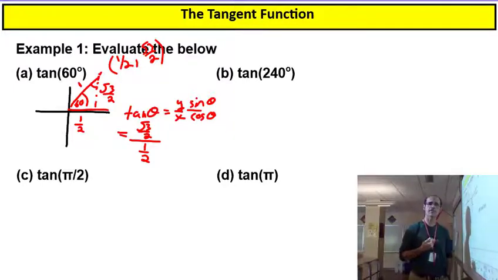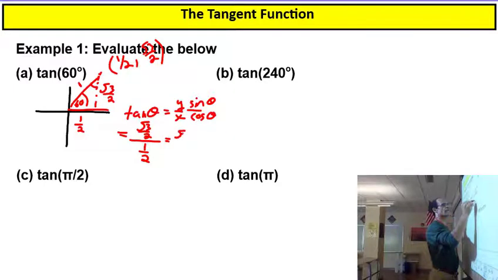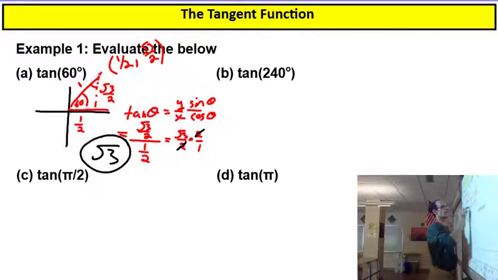That's the value of the tangent. Of course, you've got to simplify. So you can think about this as radical 3 over 2 divided by 1/2. In other words, we just multiply by the reciprocal. When we do that, the 2's cancel, and your final answer is radical 3 over 1, which is radical 3.